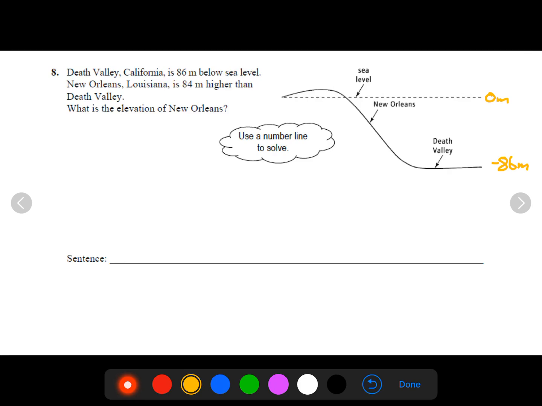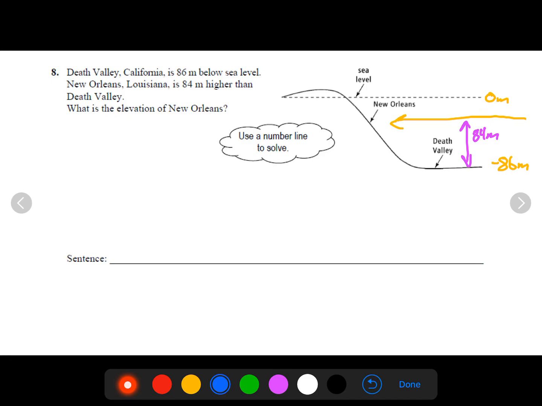So we're being told that this distance right here is 84 meters. What is the elevation of New Orleans? So drawing the picture like this and seeing the measurements are probably pretty useful.